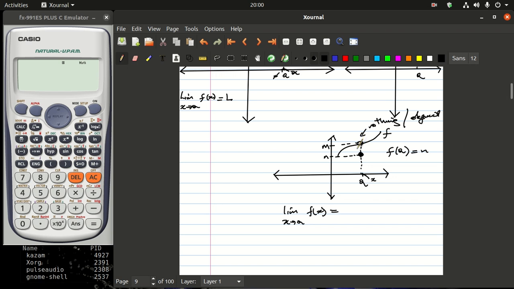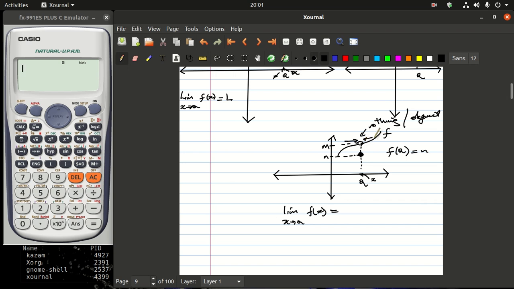And if you look on the left also, if I pick a value so close to a, what is that output that I keep getting closer to? So I pick a value down here, and then I go all the way up until I arrive on the function. When I arrive on the function, what is that value that I keep getting closer and closer to, going this way from the left and that way from the right?